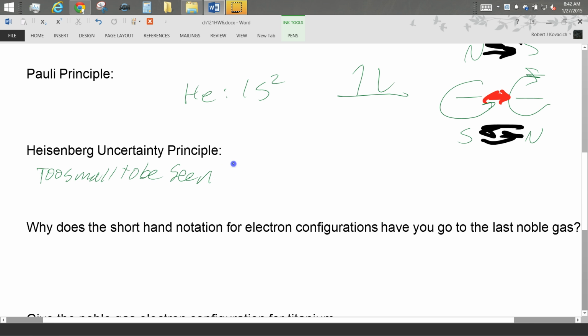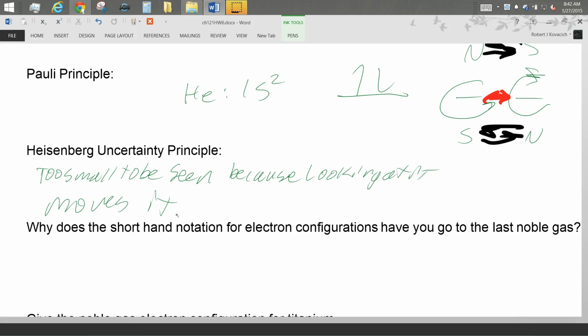Too small to be seen because looking at it moves it. Does it have to move it very far? Because if you're zooming in close enough to see something that's the size of an atom, how big is your field of vision? Super tiny.